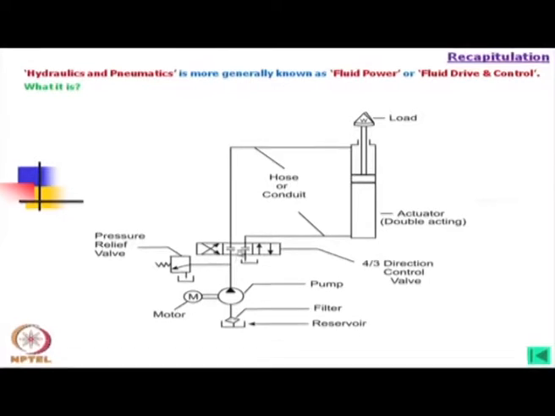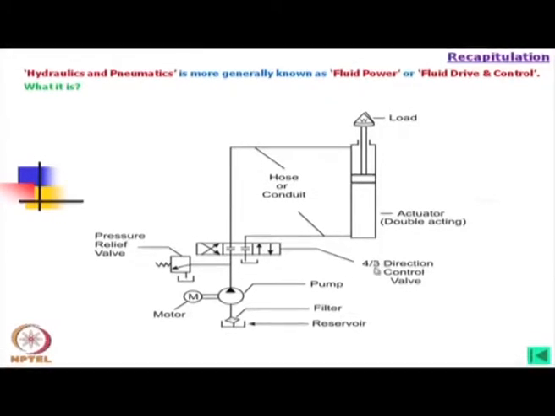How? If we connect this position, then it will go to the head side of this actuator and the oil from the other end will go to the tank. If we connect this side, then the oil will go to the rod end side and oil from the head side will go to the reservoir. Now, what we find here, there are 3 positions.